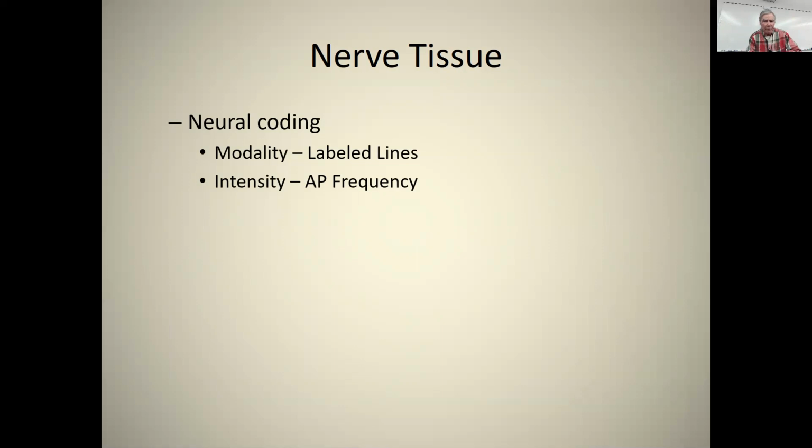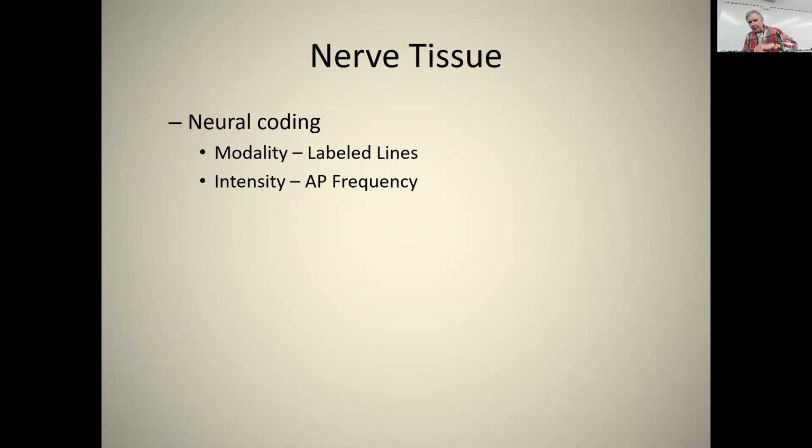So how does your brain know which is which? It's called labeled lines. This information goes to a different area of your brain. Hearing goes into the temporal lobe. Vision goes into the occipital lobe. Smell goes into what's called the insula. Each goes to a different area in the brain. And that's how your brain knows the difference between these different senses.